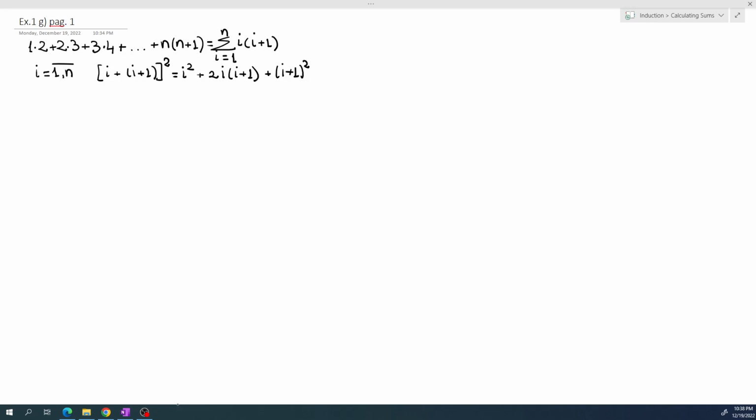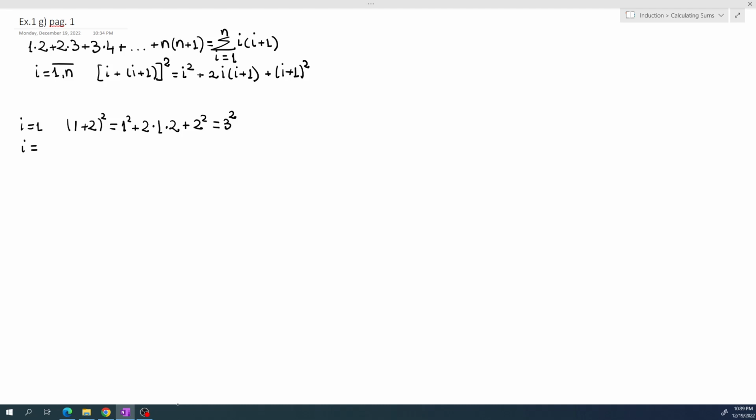Okay, and I'm putting i equal 1. This means 1 plus 2 squared, it is equal with 1 squared plus 2 multiplied by 1 multiplied by 2 plus 2 squared, and this is equal with 3 squared.